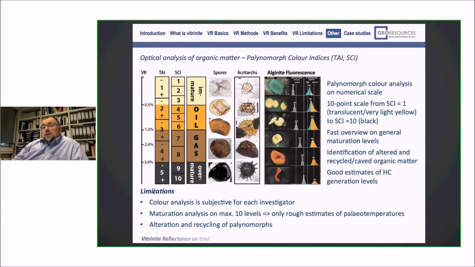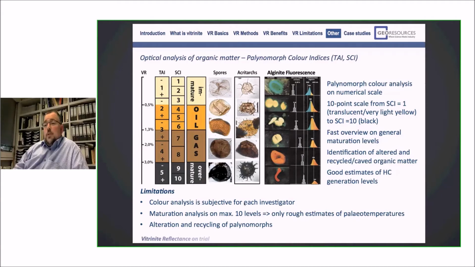The limitations are clear. The color analysis is subjective for each investigator. So what exactly is SCI 4 or 5? You see this in this color, I see it in this color. So 3 investigators might come up with 4 slightly different interpretations. It's based on maximum 10 levels, on even less levels here in the thermal alteration index.